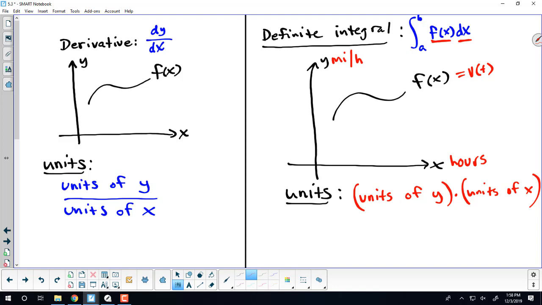Position. So miles per hour times hours, the hours cancel out and you just get miles for position. We don't see a whole lot of applications, but when you do apply derivatives or definite integrals to a physical application, that's how we determine the units.